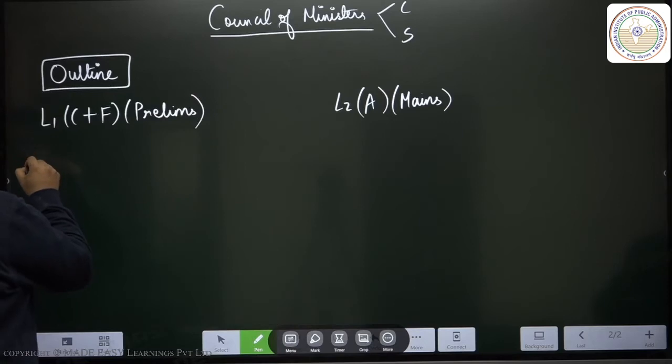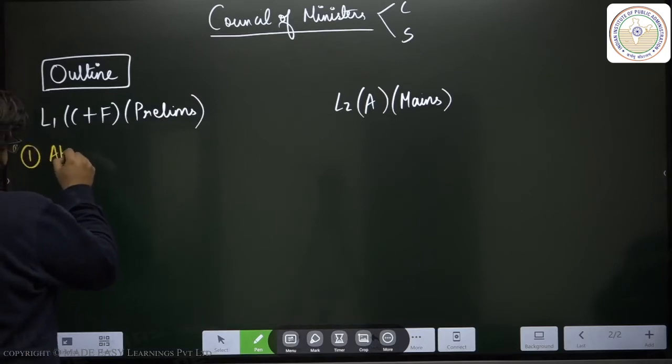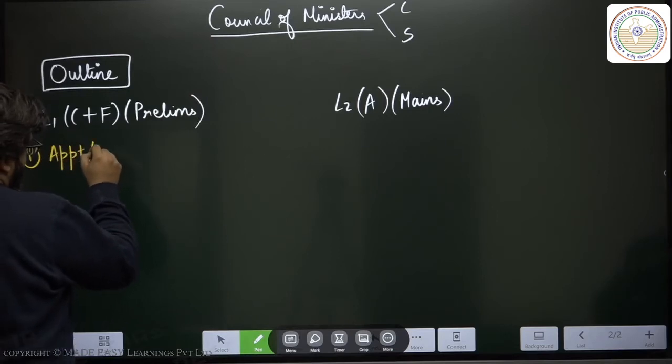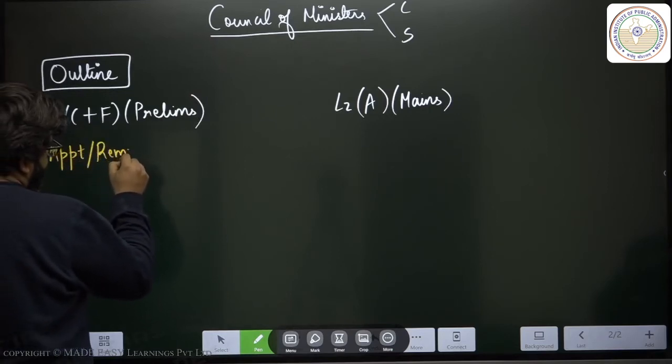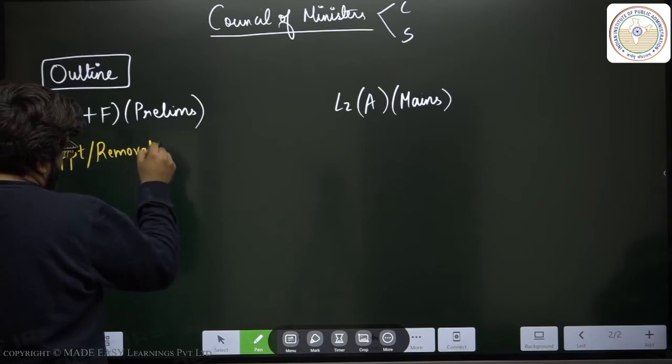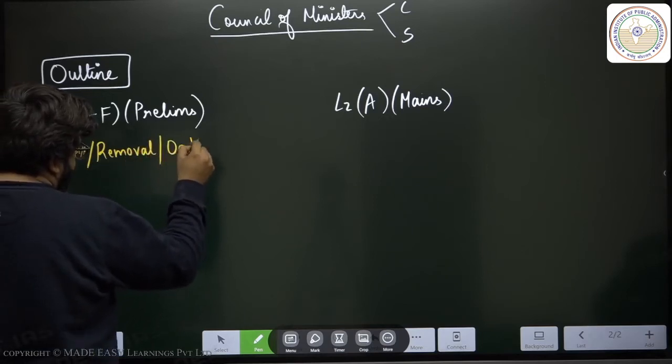First, you must understand the appointment, the removal, and the oath.